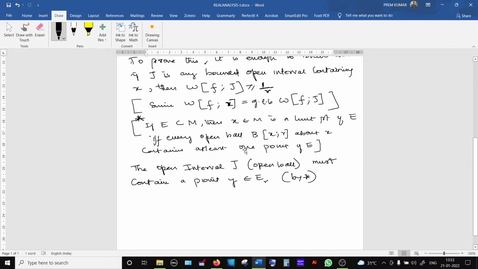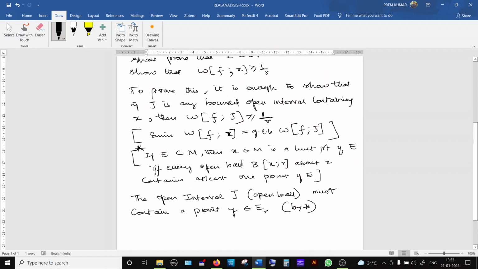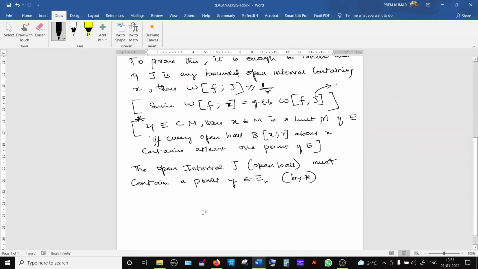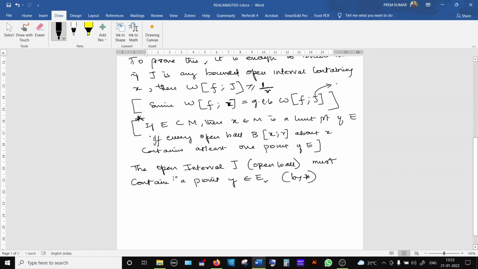Whatever open ball you take about x should contain at least one point of E. So here the main thing is that this J is varying. All this J contains x as the center. We can consider x as the center of the J. So this is an open interval containing x. So as per this theorem, it must contain at least a point y of ER. So that is by star.